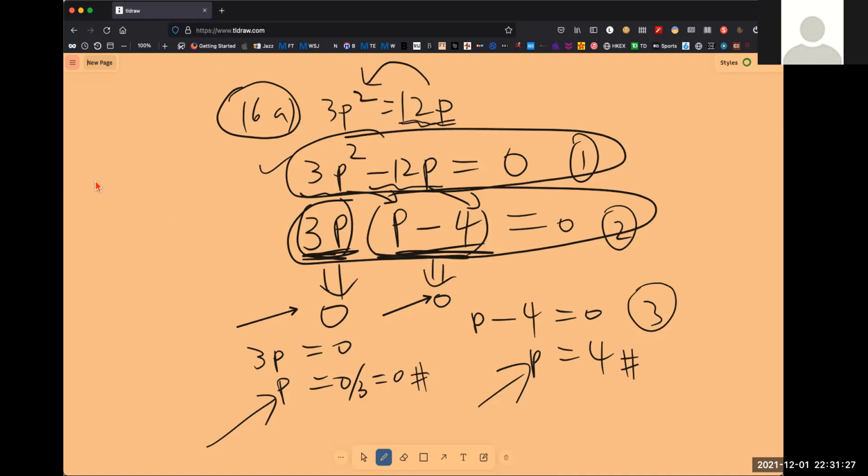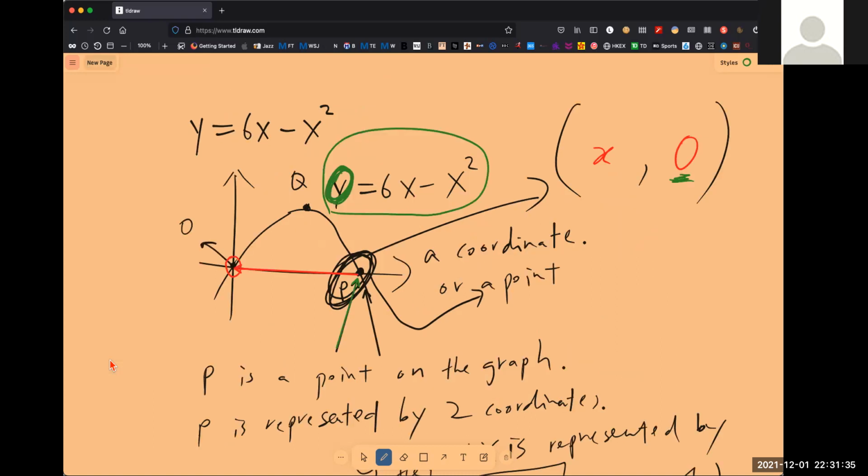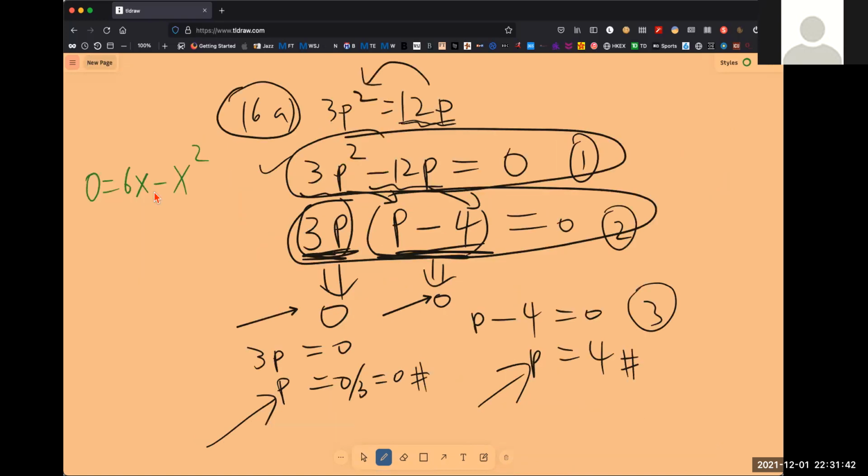The question, if I remember correctly, is 0 equals 6x minus x squared. Let me double check. Yes. Can you see? 0 equals to 6x minus x squared. And you compare it to the beginning. Can you see the similarity between these two?